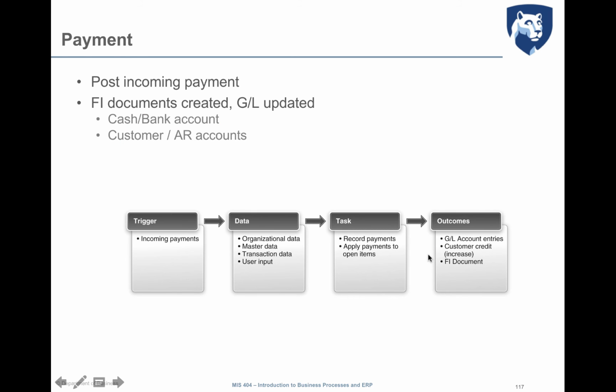Then finally, the last step of this process is the payment. The payment is receiving the payment from the customer, of course. Again, this has mainly a financial impact, so this is something that is up to the financial department, and what is generated from here is a payment document.